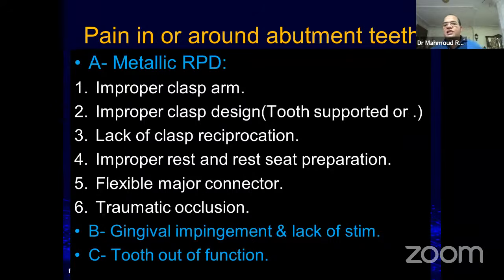Gingival margin and sensitive areas must be relieved when covered by the denture base. If a tooth is out of function for a long time, it must not be used as an abutment immediately. It must be used first in order to program it for the masticatory forces, and then we may use it as an abutment tooth.